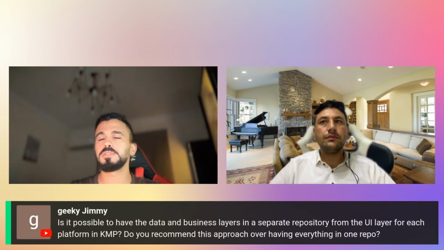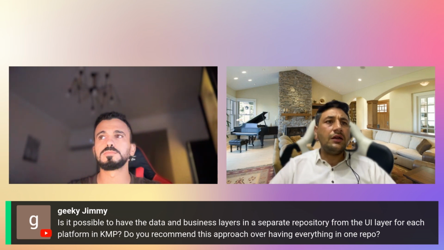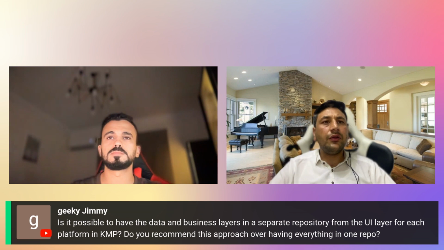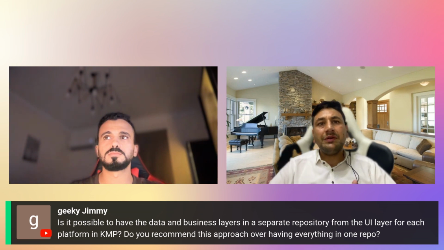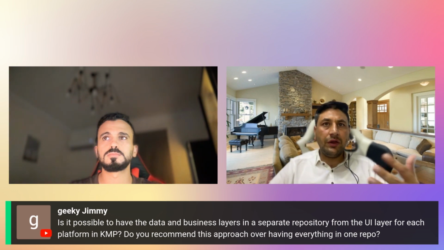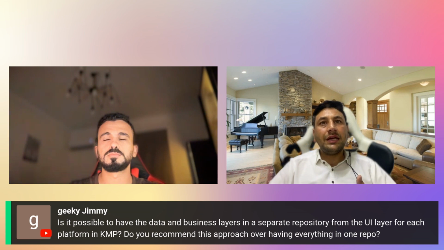We have another one. Is it possible to have the data and business layer in a separate repository from the UI layer for each platform in KMP? And do you recommend this approach over having everything in one repo? That is totally possible. I will give you an example. At Sadapay we were using KMP for our analytics.